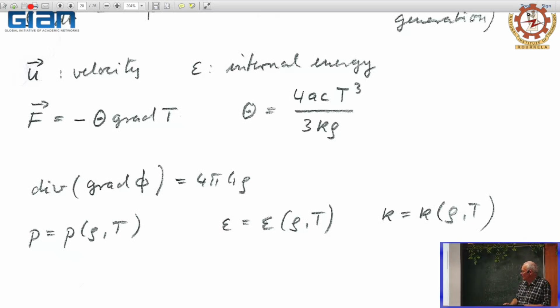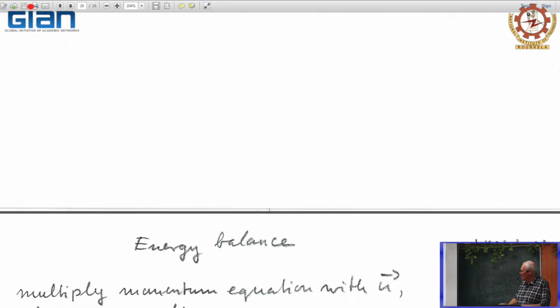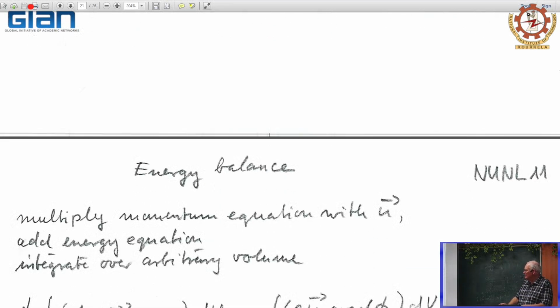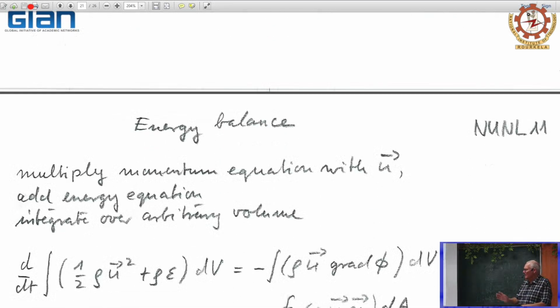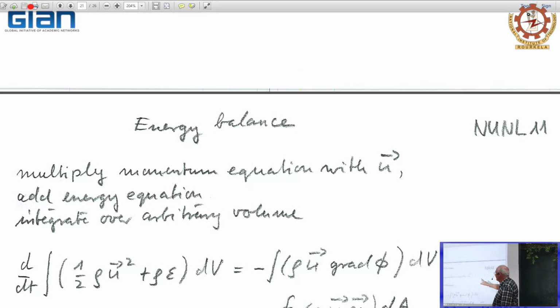Okay, so I only go roughly through the scheme of the derivation. Well, we have to satisfy the energy balance. Let's consider first the differential form, which is known to you already. We multiply the momentum equation with the velocity vector, add the energy equation, and integrate over an arbitrary volume.